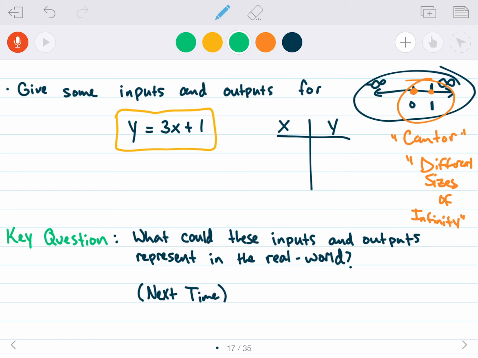It defies our intuition, because you would think this set of numbers between 0 and 1 would certainly have to be smaller than the set of counting numbers from 1, 2, 3, 4 all the way forever and ever and ever. You would think, but it's not.